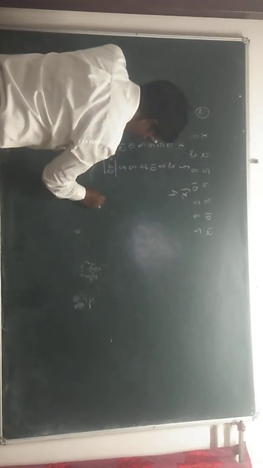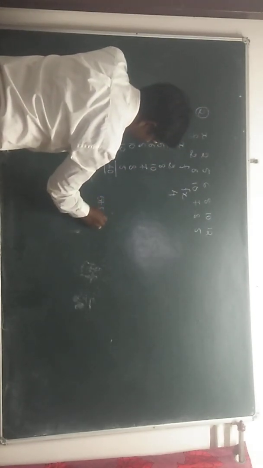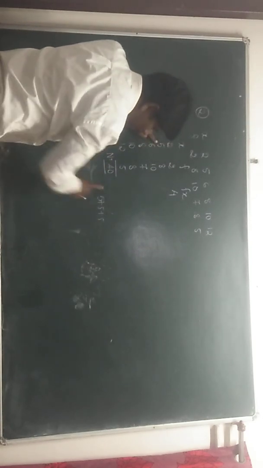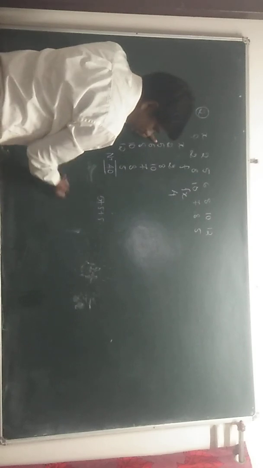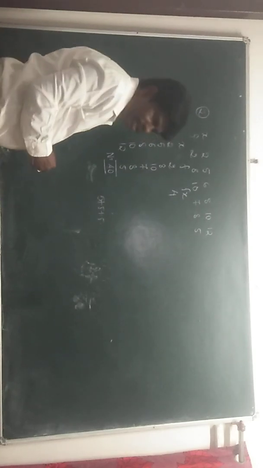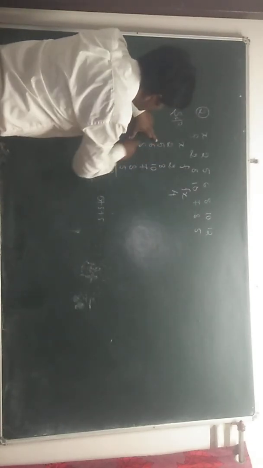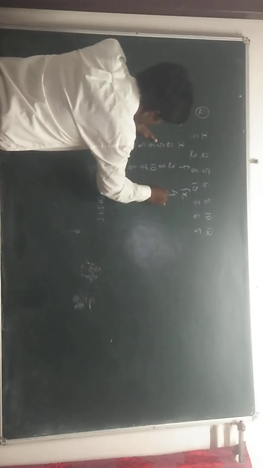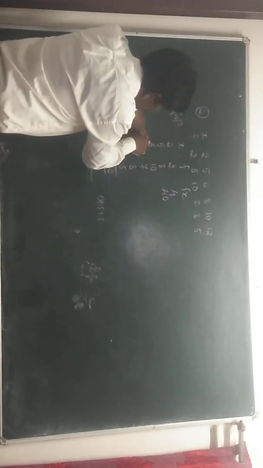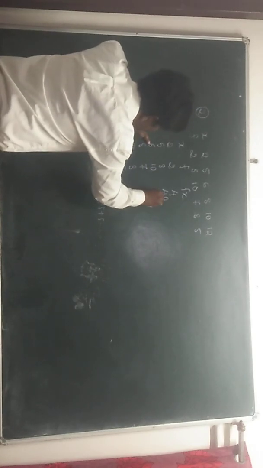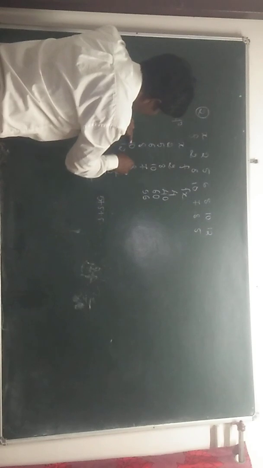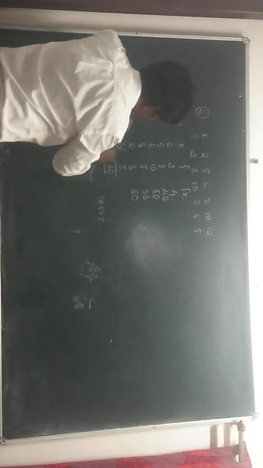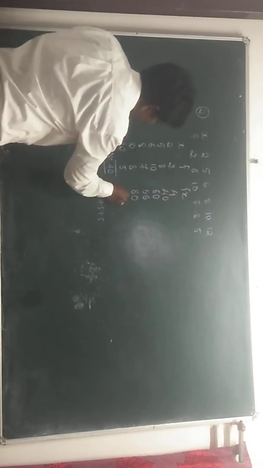That means we should write 5 plus 5 plus 5 eight times and then add them. After adding 5 eight times, naturally we are going to get 40, isn't it? So we can directly multiply here and get 5 into 8 is 40. Then in the same way, 6 into 10 is 60, 8 into 7 is 56, 10 into 8 is 80, 12 into 5 is 60.